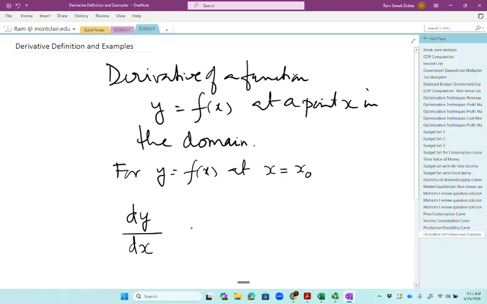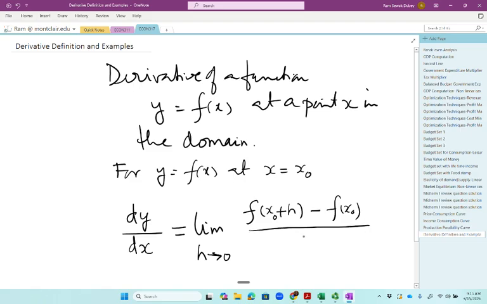We read it as dy over dx is the limit when h tends to 0 of the function value at x0 plus h, where h is a small number that goes to 0 in the limit, minus the function value at x0.